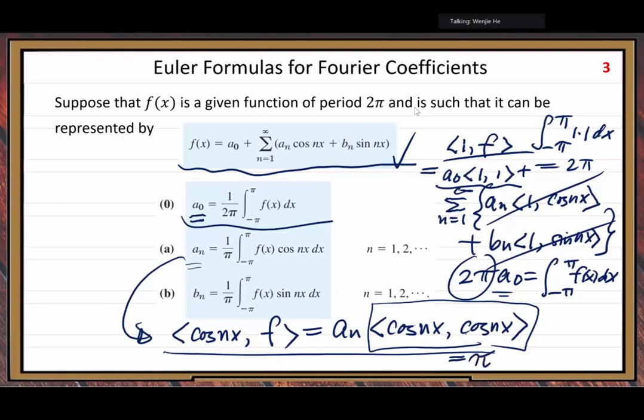So you divide by pi, and you get this, because the integral is the inner product between f and cosine nx. Similarly, you can get Bn. So here you can see that the inner product concept is very useful. Here you use the orthogonality property, and you can find these coefficients easily. But the next question.